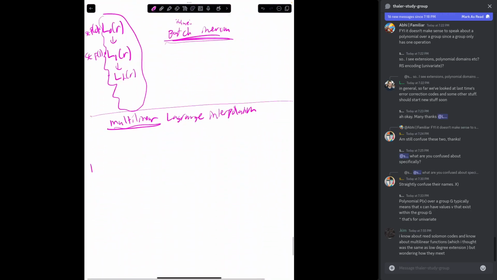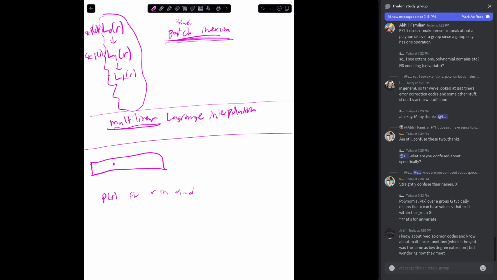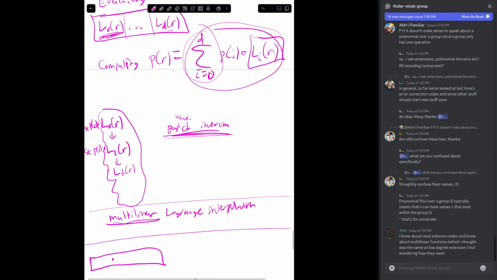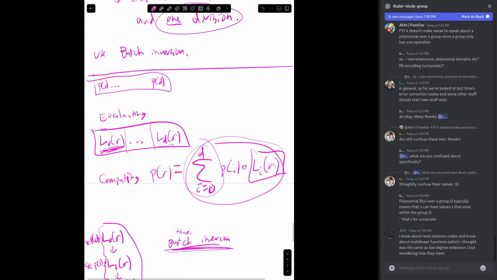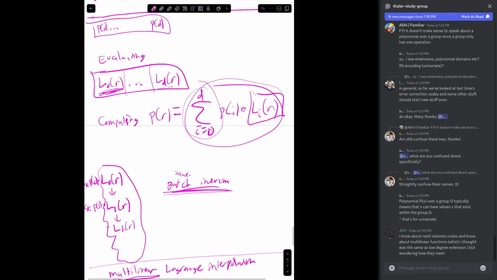Great question. Every time I do this study group, I forget to address that question. I always say next time I'll address it, and then I forget. So thank you for asking it. If you want to know P of r, where r is in 0 up to d, it's funny, this univariate Lagrange interpolation algorithm breaks because you have to invert zeros somewhere, as you just noted.